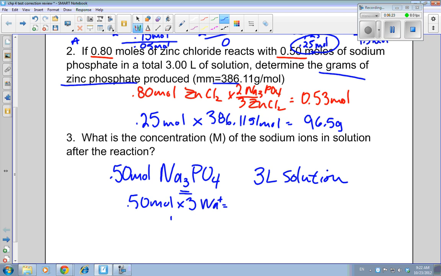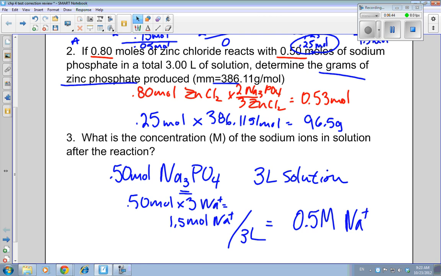So I'm going to end up with 1.5 moles of sodium. And then I'm going to divide that by my 3 liters to get my molarity. So actually, 1.5 divided by 3 cancels out that 3 we multiplied by, so it gets 0.5 molarity of sodium ions. So that's a solution stoichiometry problem.